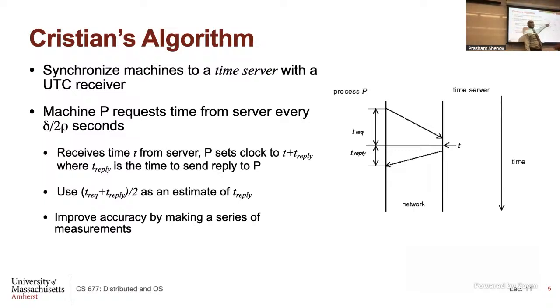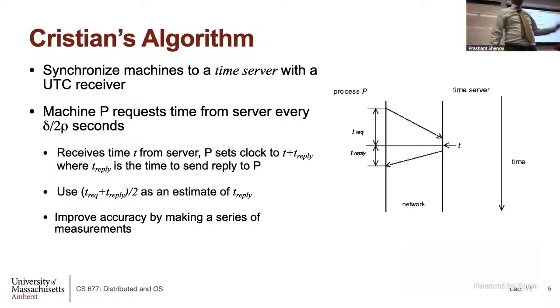But the machine does not know how long network messages have taken. So the clock synchronization algorithm simply cannot take t that came from the time server and change the local time to t. Then you already know there is an error. You have to estimate how long it took for the reply to propagate over the network. What is the network delay for the response to come from the server to this machine?